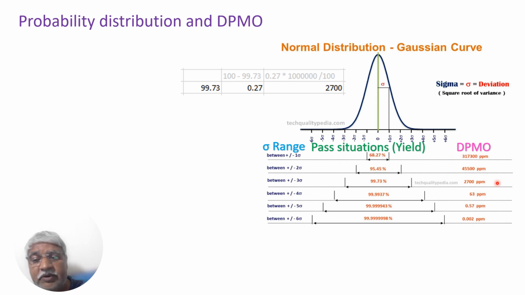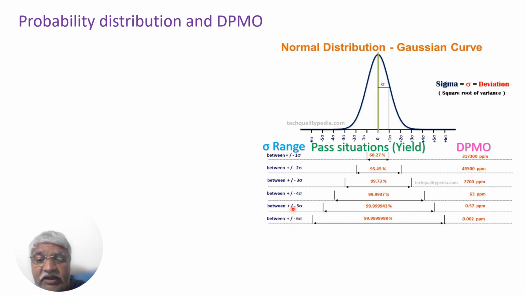For sigma 6 to -6 sigma, the number of defects parts per million is 0.002. That means like 2 parts per billion. So this is how the different parameters DPMO, yield, and sigma are related.